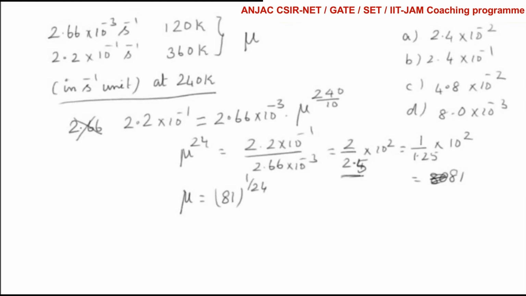Apply the mu and find out what the rate at 240 is. For this you need the rate at the lower temperature, and you have to find the rate at the higher temperature.